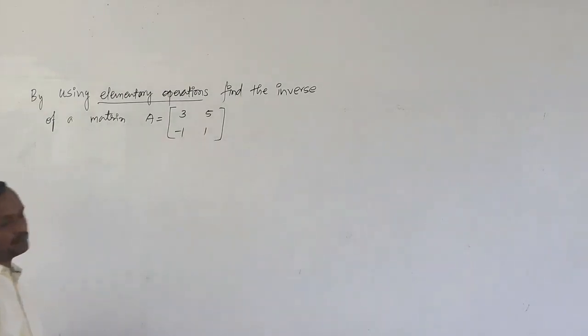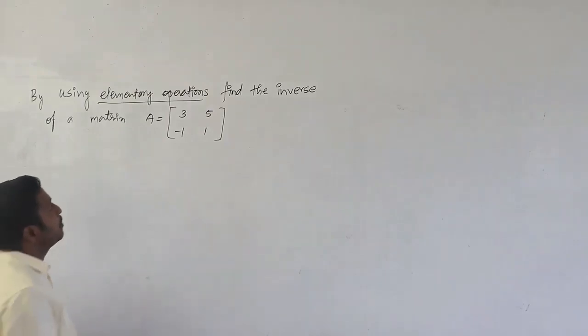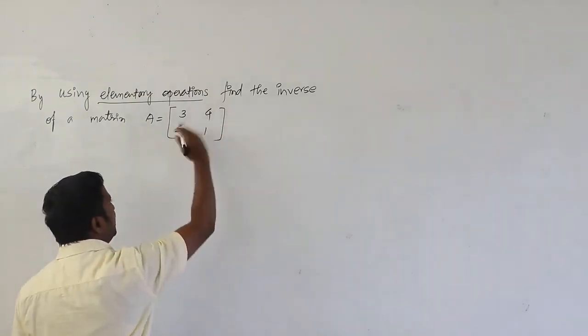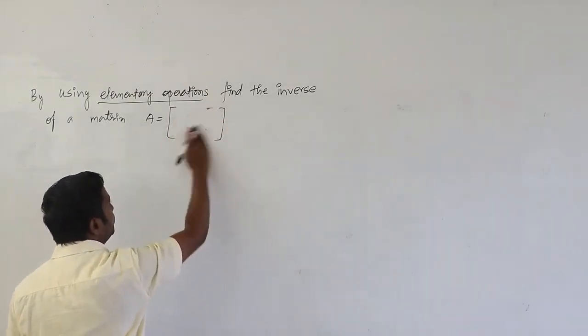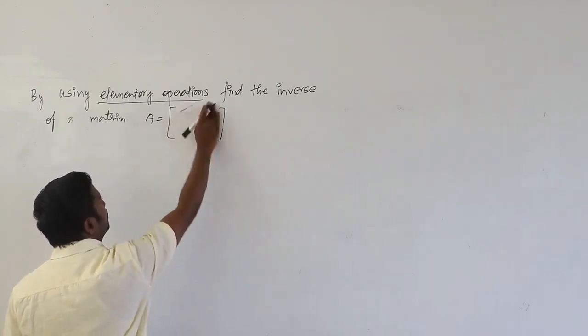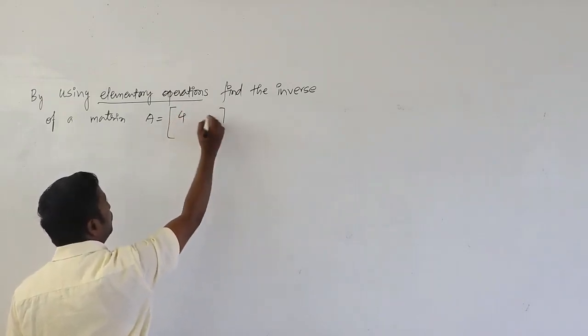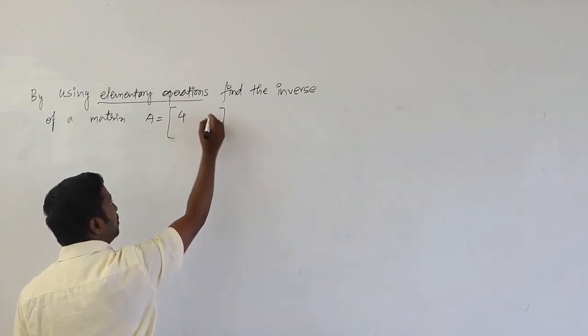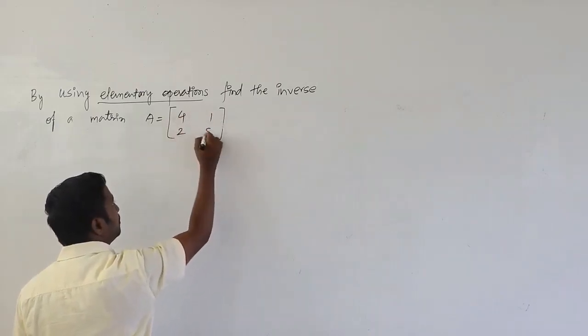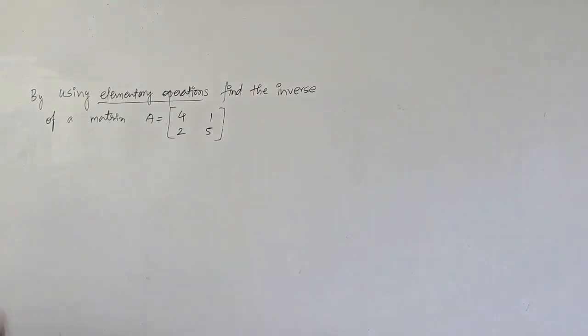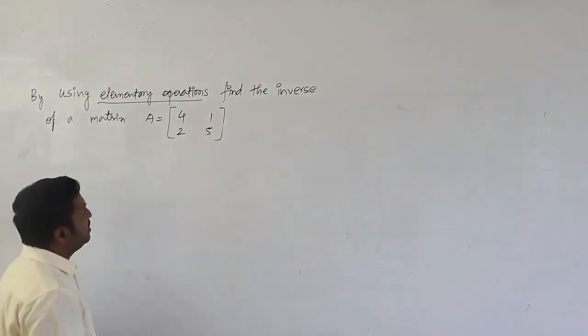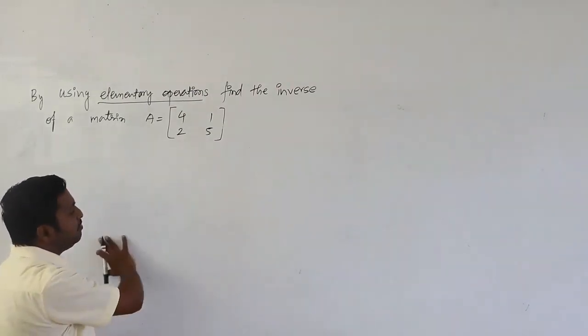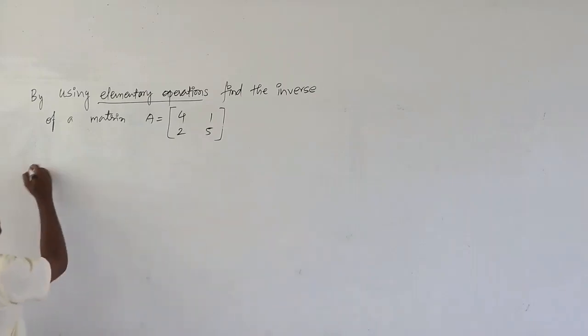Better. 3 plus 5. Randomly you can choose any element. I will rewrite it. 1 it is replaced. 4 instead of that: 4, 1, 2, 5. It is okay, no problem, whatever. Instead of minus I will write it now. Okay, no problem. Next problem we will discuss the solution.